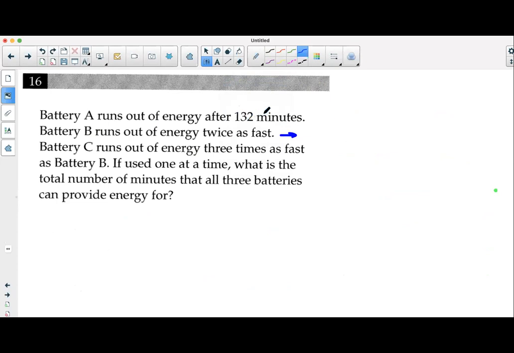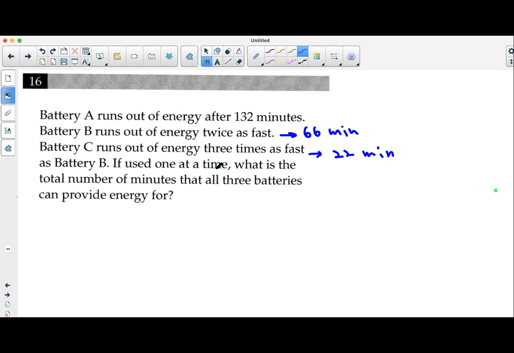So what's half of 132? That's 66. So battery B runs out in 66 minutes. Battery C runs out 3 times as fast as battery B. That means I need 3 of the battery C to last as long, so I'm going to just divide that by 3. So this one runs out in 22 minutes.